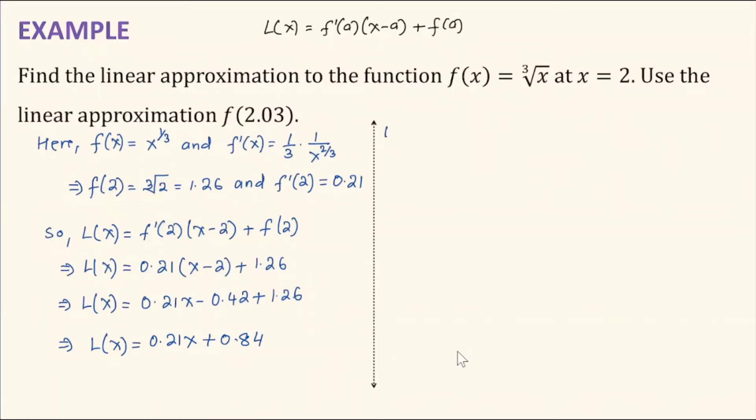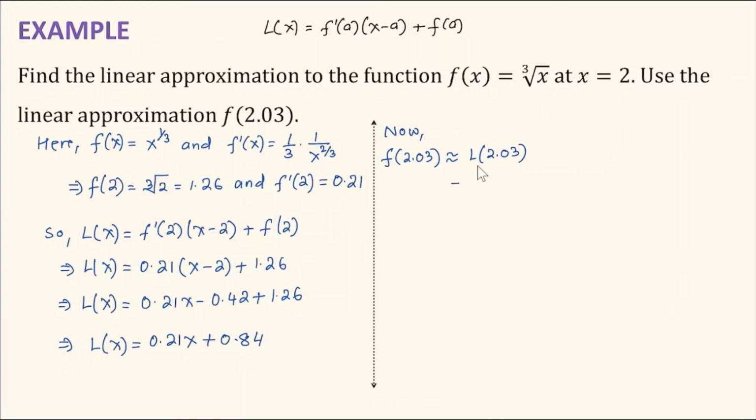Now we need to find the approximation. So we are going to find the value of this function f of 2.03. This value will be approximately equal to L of 2.03. So instead of plugging into this function, you can plug into this one, and you should get approximately the same value.